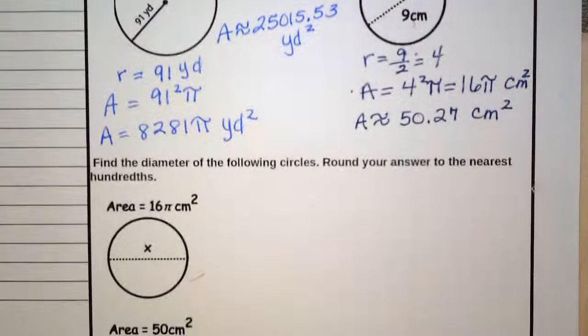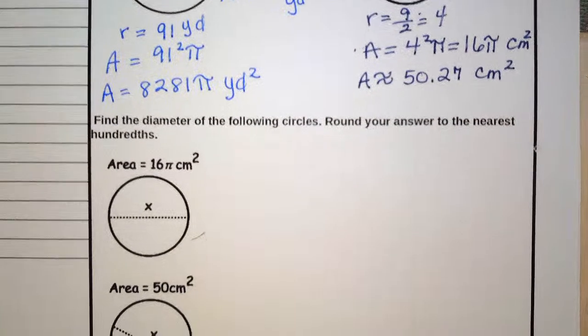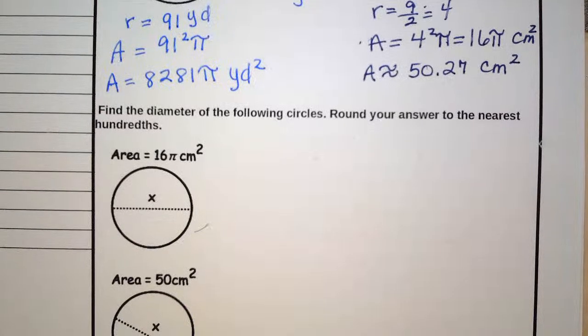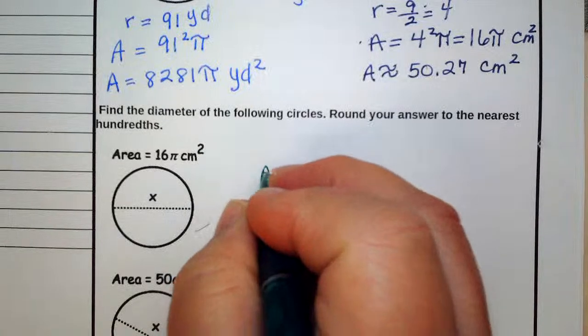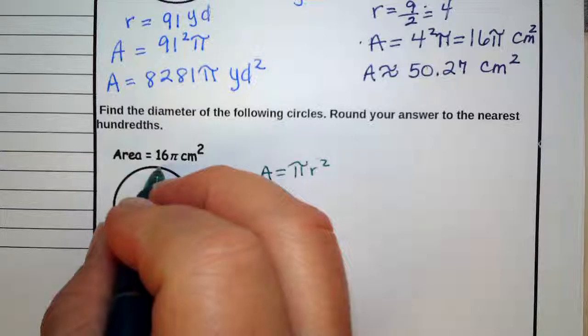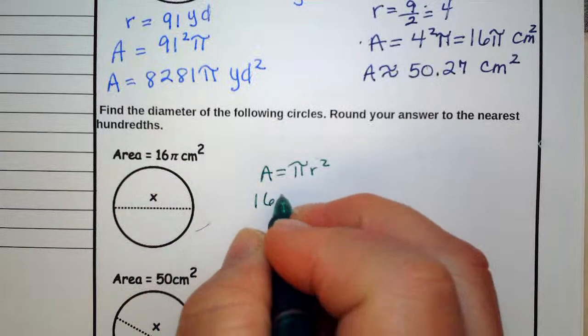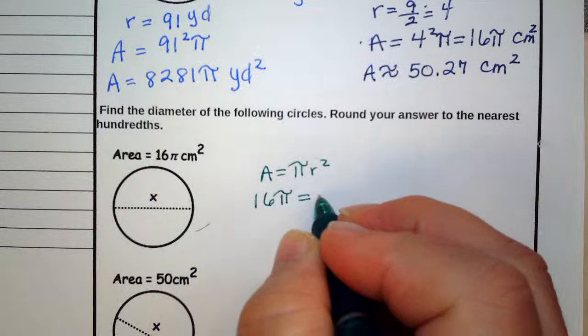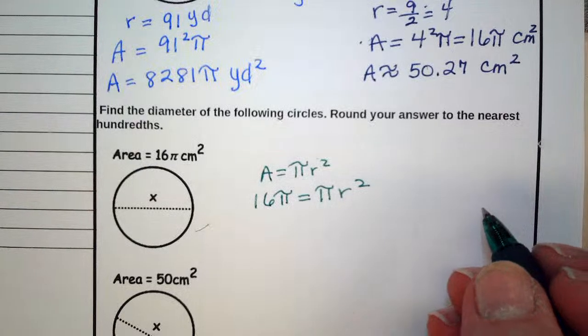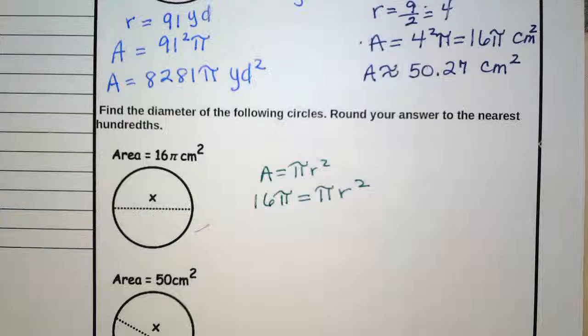Okay, for the last one, if we know the area, how do we find our radius or our diameter? In both these cases, we're looking for the diameter. So our formula: area is equal to pi r squared. Here's our area. 16 pi is equal to pi r squared. Guess what? I can divide by pi on both sides.